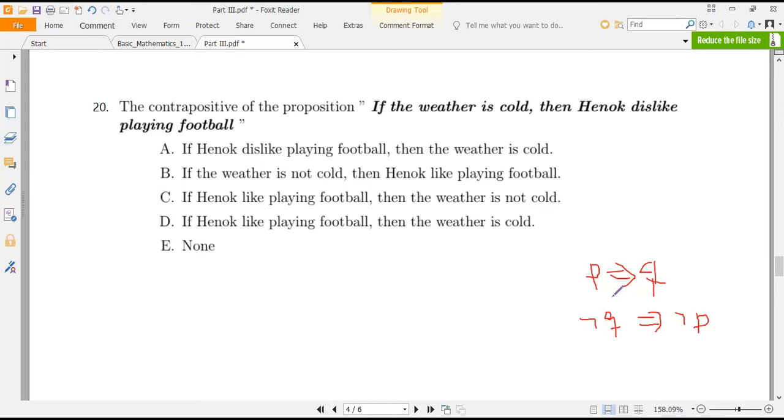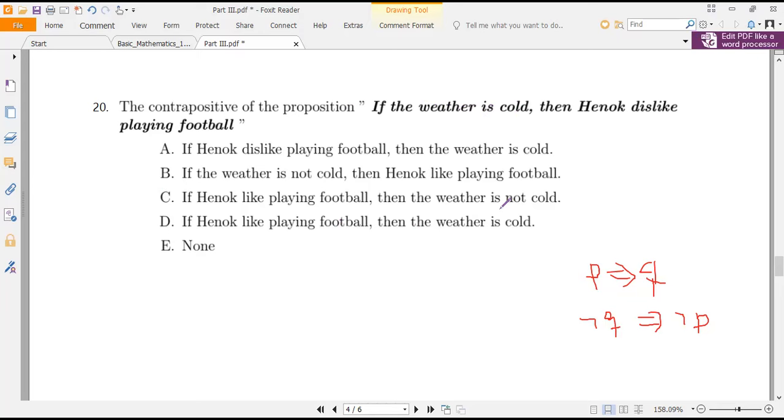So let's do it using that definition. If the weather is cold, then Enoch dislikes playing football.